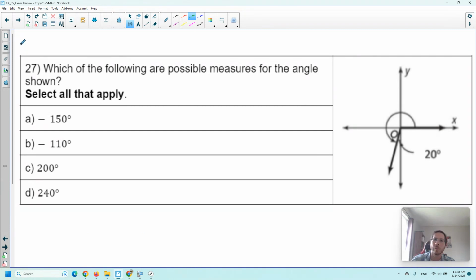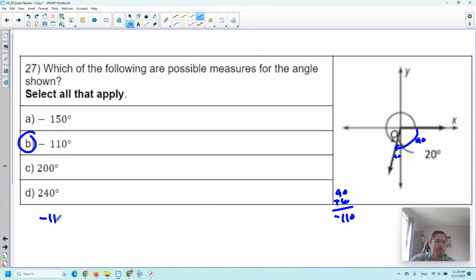27, which of the following are possible measures for the angle? Select all that apply. It looks like it's going to be easier to go backwards first, because this is 90 and 20, and 90 plus 20 is 110, so I'm going to pick B. To check any of the others, I'm just going to add or subtract 360.